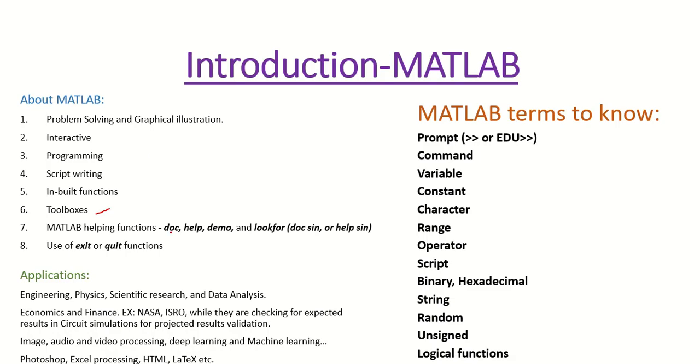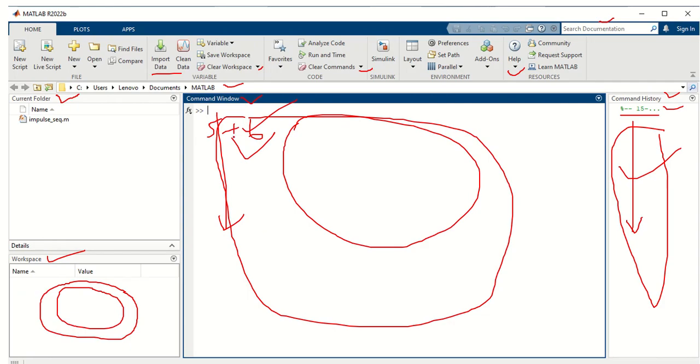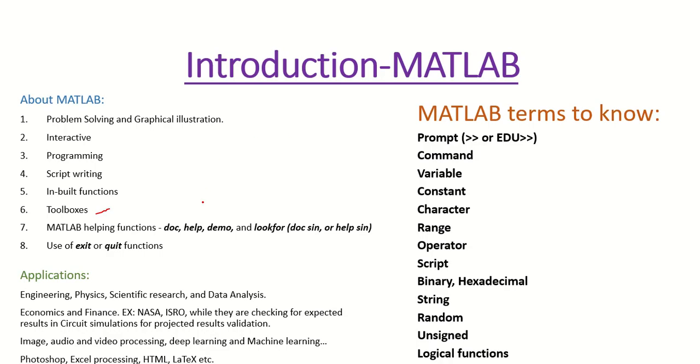Okay, so this is the doc, help, demo; look for it. If you click here on demo, it will show very vast, very big data to get a demo. For example, if you type demo sign, the sign function will open, the trigonometric sign function. With help sign, the online document will open on the sign function and how it will work.